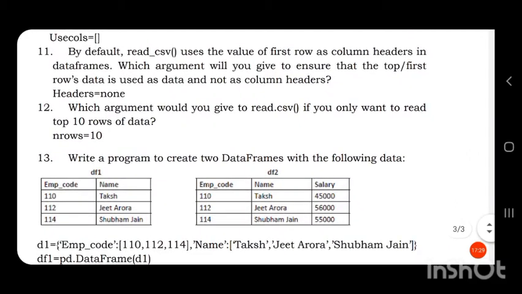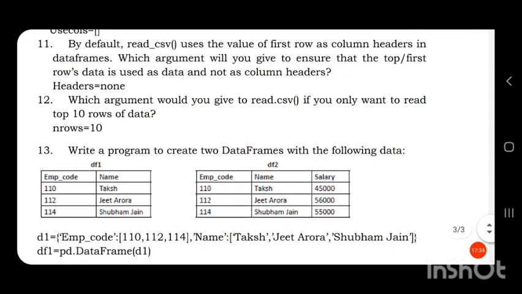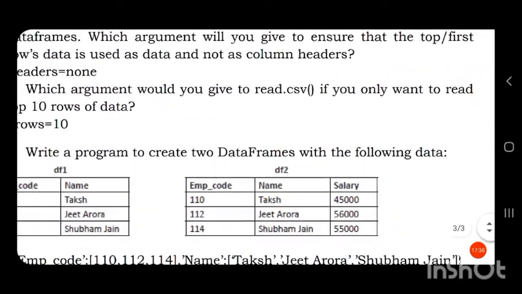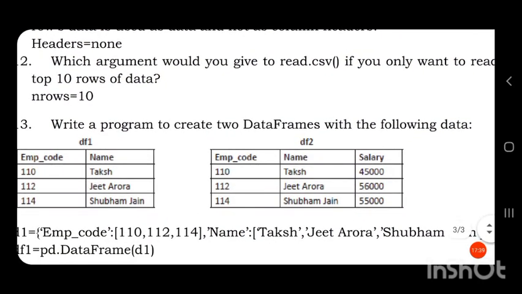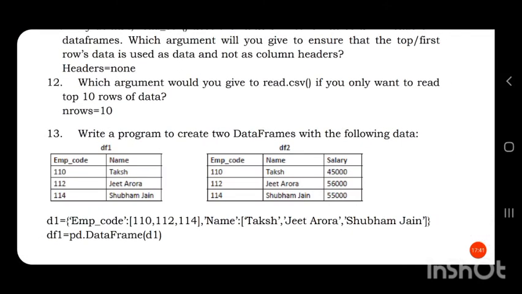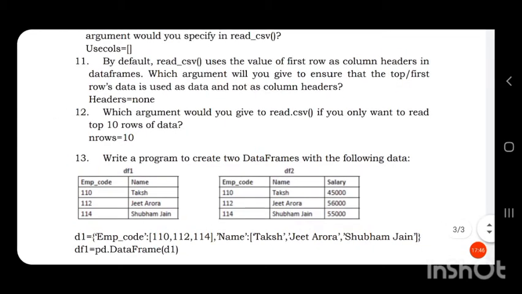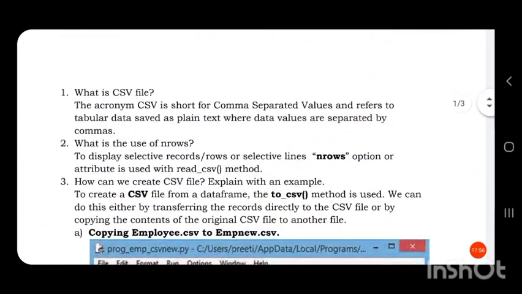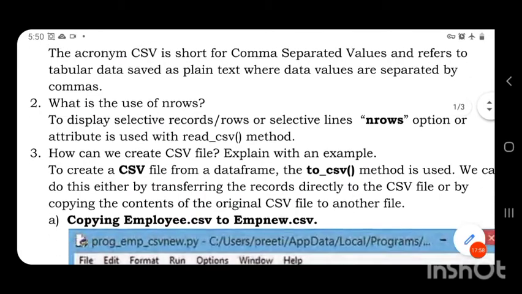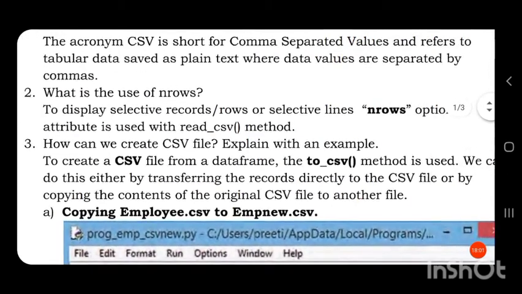Next question, which argument would you give to read underscore CSV? Read, here it is underscore, not dot. Read underscore CSV if you only want to read top 10 rows of data. So we have studied which function we will use to read a particular number of rows. The question was, what is the use of nrows?